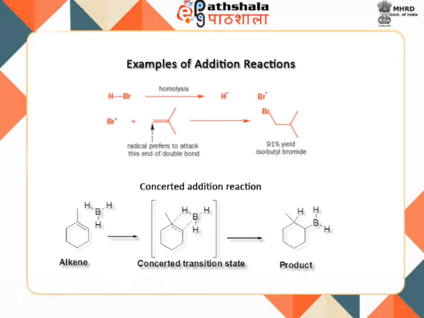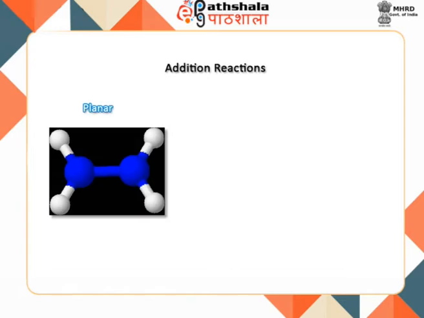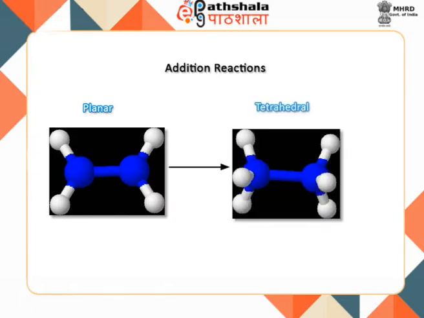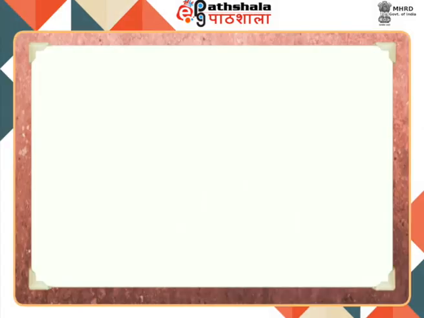Notice that simultaneous addition happens here. The resulting borane on hydrolysis gives alcohol. Addition reactions lead to change of geometry. In case of a double bond adding to give a single bond, planar geometry changes to tetrahedral geometry. Let us now consider some addition reactions.